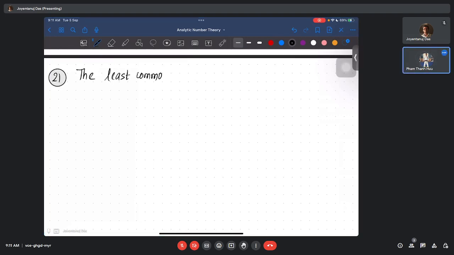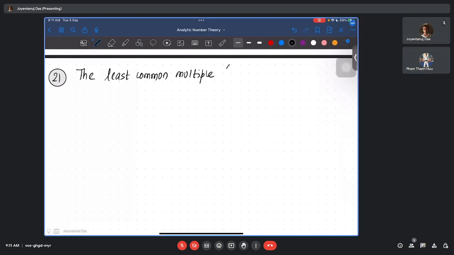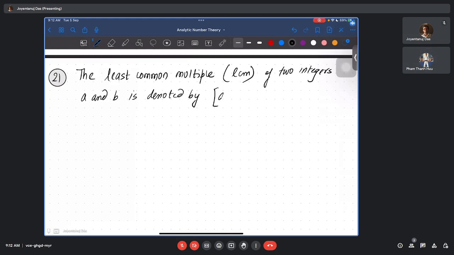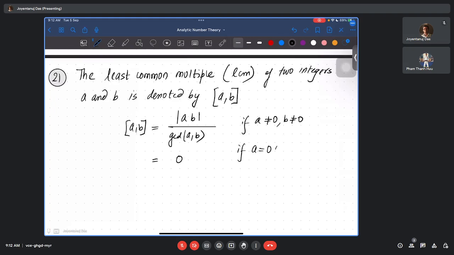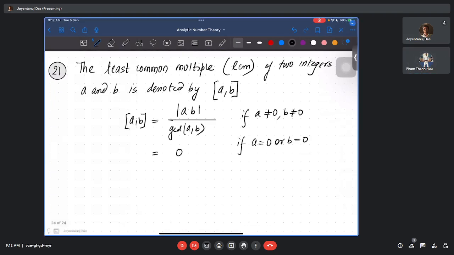The least common multiple of two integers a and b is denoted by LCM of a comma b, and it is defined by ab divided by the GCD of a comma b, if a not equals 0 and b not equals 0, and it is 0 if either of them is 0. So the definition is fine, right?